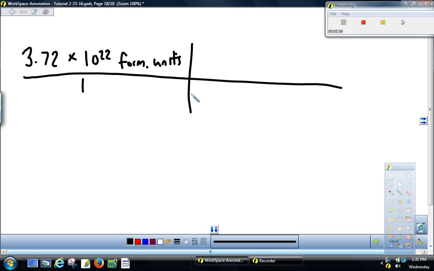And what do we know? We know that 1 mole of a material contains 6.02 times 10 to the 23rd formula units. So units of formula cancel out, leaving us with moles.